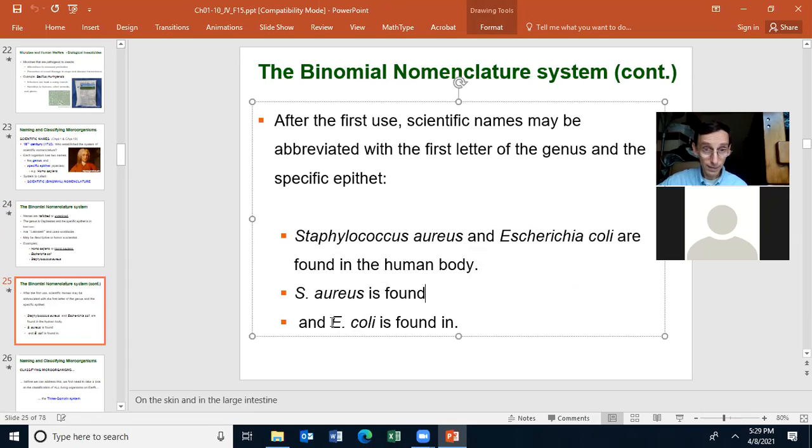E. coli is the abbreviation for Escherichia coli, and this one is so common, and everybody knows what E. coli is, that even scientists will occasionally only say E. coli, meaning that one is so common, it's much more common than Escherichia coli.